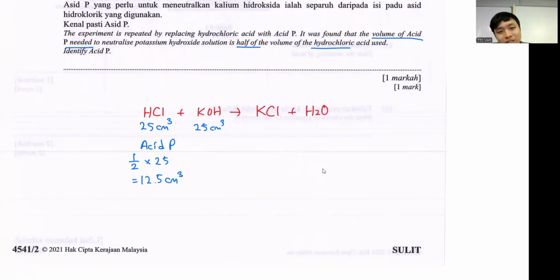So what is acid P? What is acid P? Yes, that's one correct answer. So the answer is sulfuric acid. Very good.